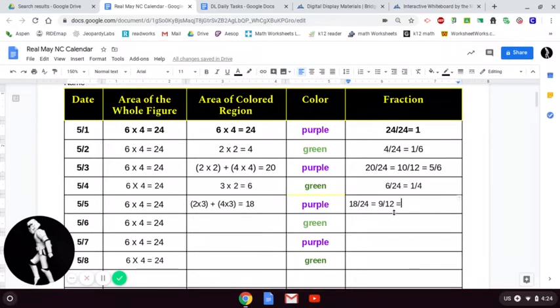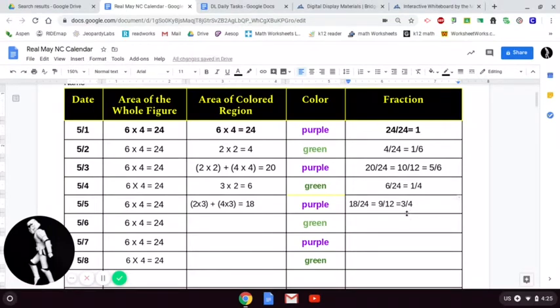Does 9 and 12 have a common factor? They absolutely do. 9 and 12 are both divisible by the number 3. 3 times 3 makes 9, and 3 times 4 makes 12. So if I divide the numerator and the denominator by 3, I end up with 9 divided by 3, which is 3, and 12 divided by 3, which is 4.